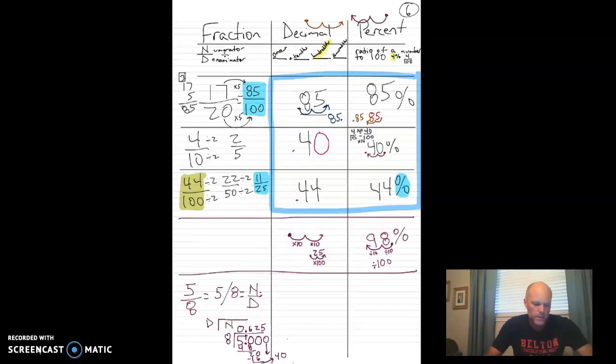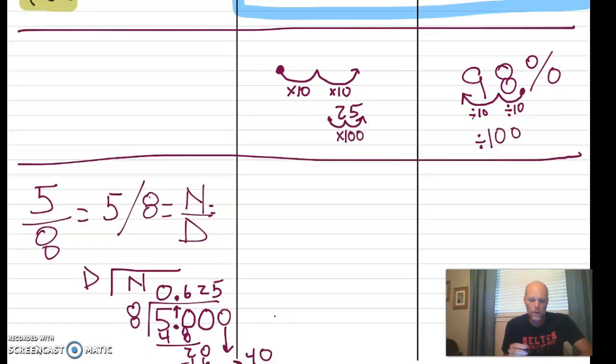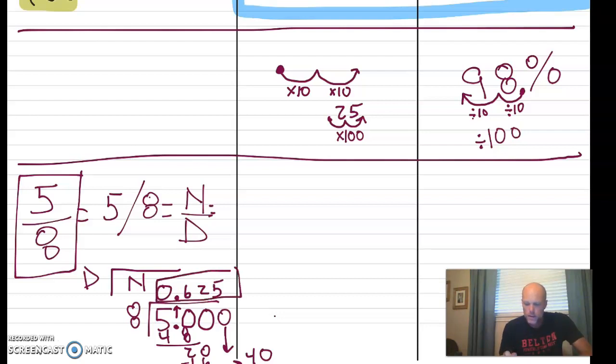We already know our fraction is 5/8. Our decimal now is 625 thousandths.